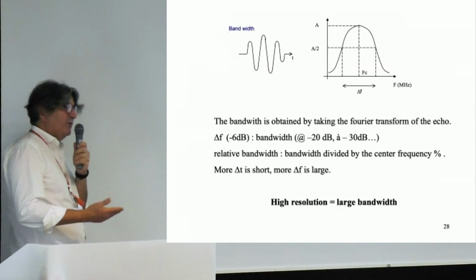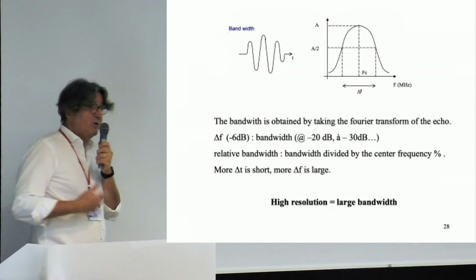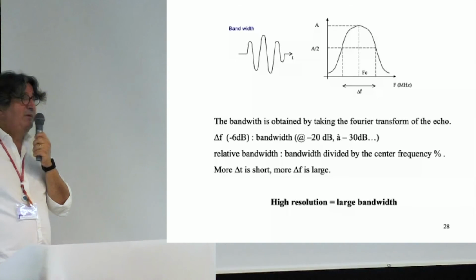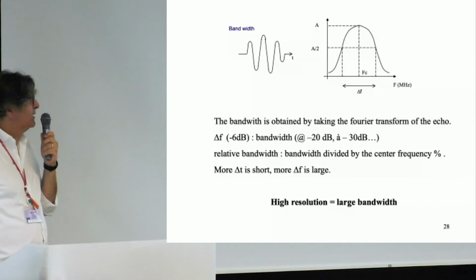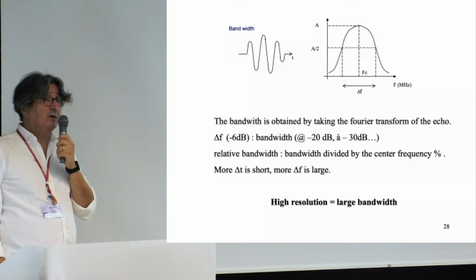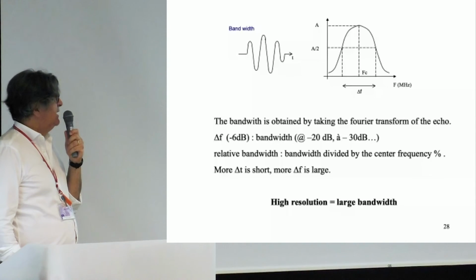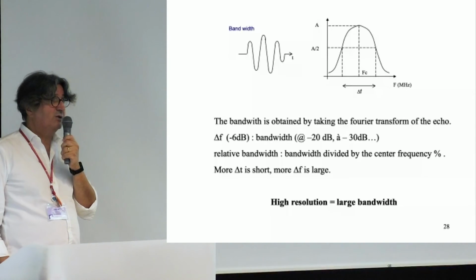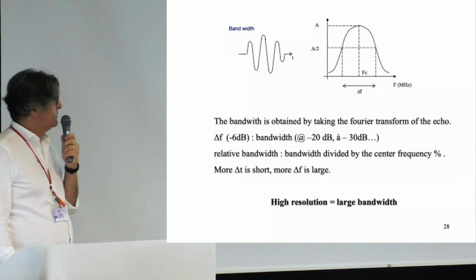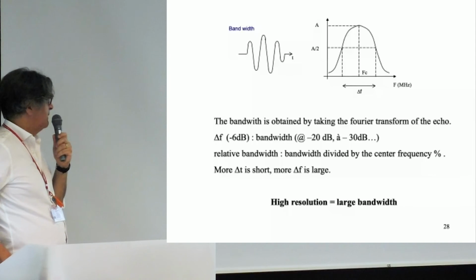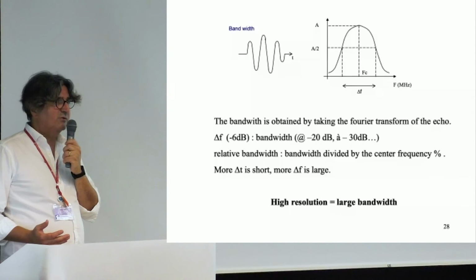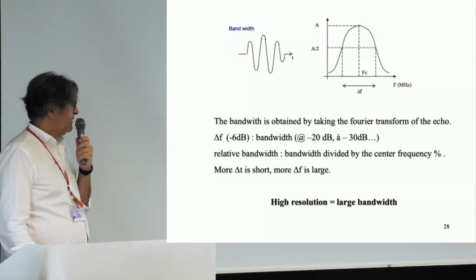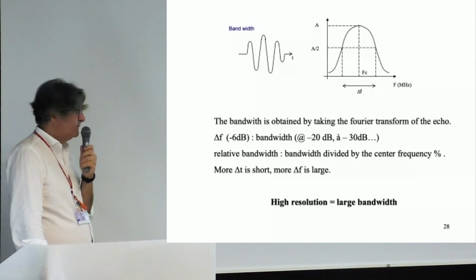Remember the property of the Fourier transform: the pulse duration is directly related to the bandwidth of the transducer in the Fourier domain. So long pulse duration means narrow bandwidth, and short pulse duration means a broadband transducer. Having a high resolution transducer is equivalent to having a large bandwidth.